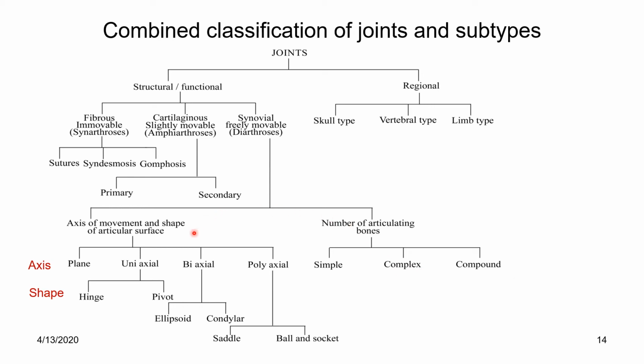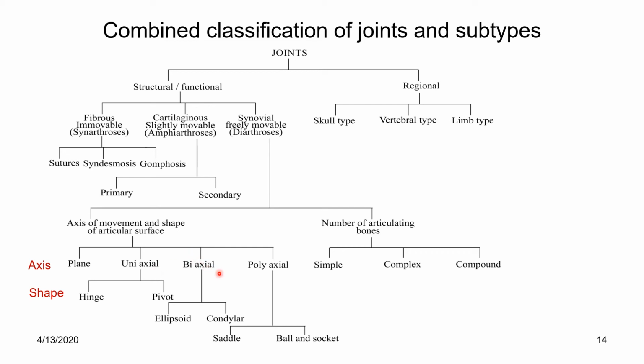And depending on the axis of movement and shape of articular surfaces, the synovial joints can be classified into plane, uniaxial, biaxial and polyaxial depending on the axis. And depending on the shape, the uniaxial is further classified into hinge joint and pivot joint.